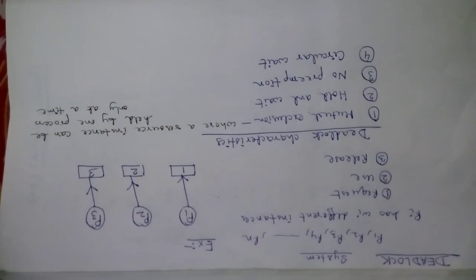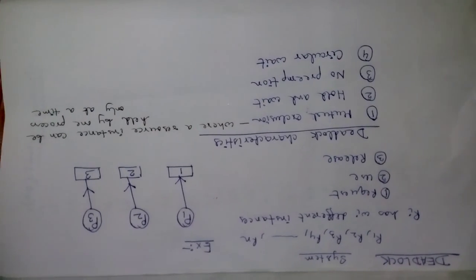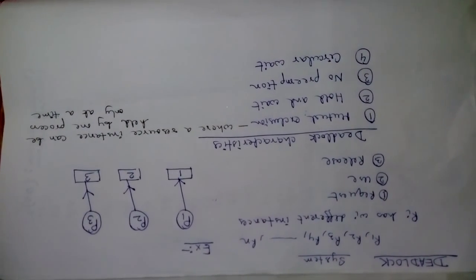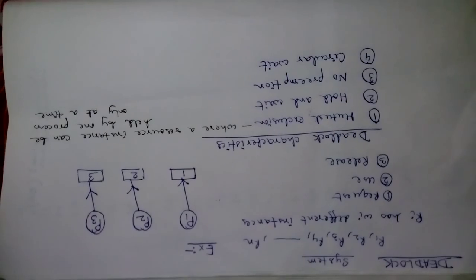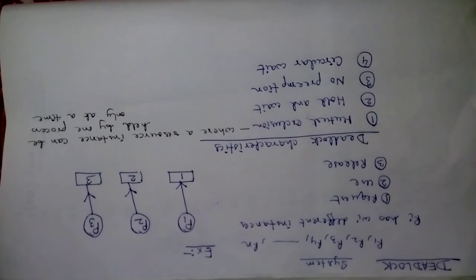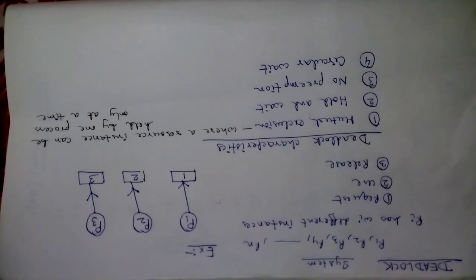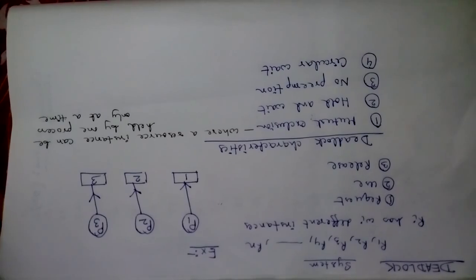So if you have 10 resource instances of a particular resource type, then each and every resource instance can be occupied mutually and exclusively by only one process. So one resource instance can't be shared by multiple processes.